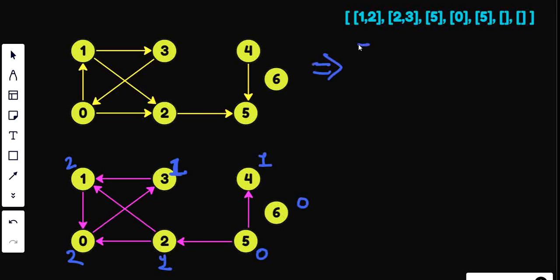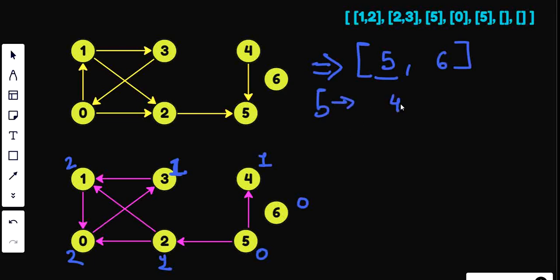Now let's create a queue. In our queue, firstly we will push all those nodes which are having in degree equivalent to 0. So 5 and 6. Now I am saying pop the element from your queue and check all its adjacent nodes. What are the adjacent nodes of 5?